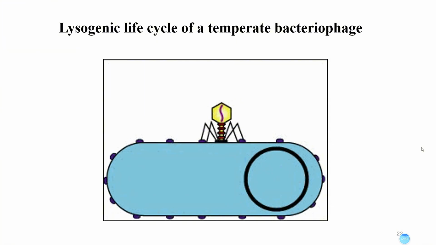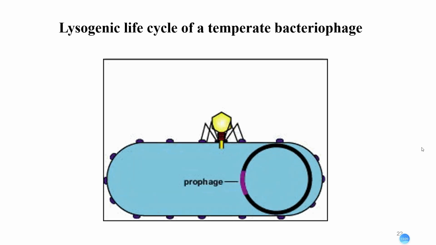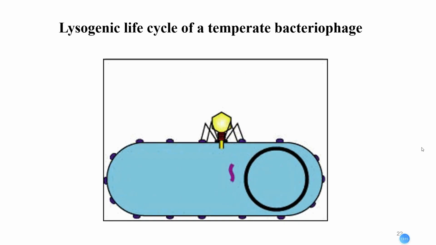Because of these two different life cycles, they can cause different effects. Later when we introduce transduction, only the lysogenic phage can carry out specialized transduction. We'll learn that later today.